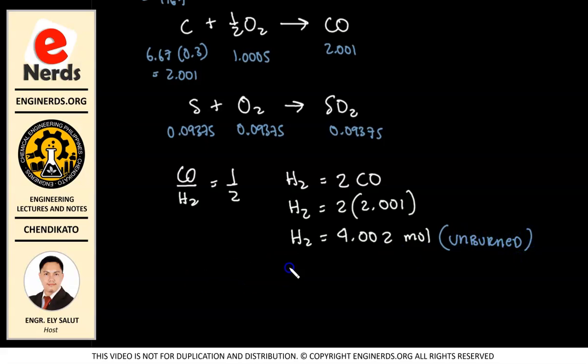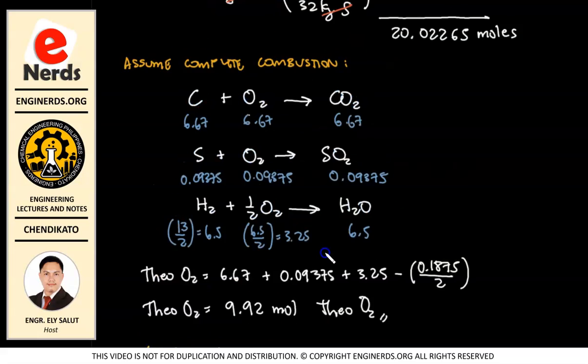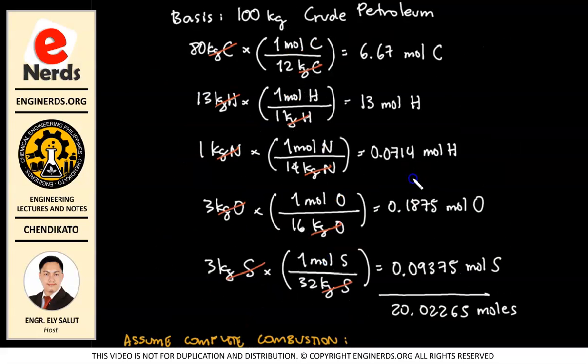So we know that we have hydrogen in our fuel, which is 0.0714. Oh, I'm sorry, we have a mistake here. This is nitrogen, not hydrogen. So let us just correct that. We have 13 moles of hydrogen, right?